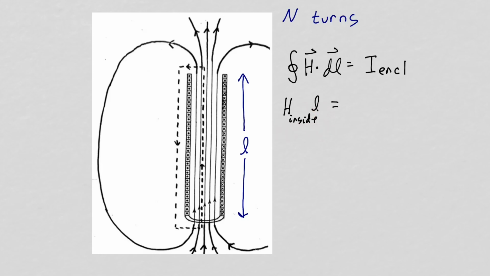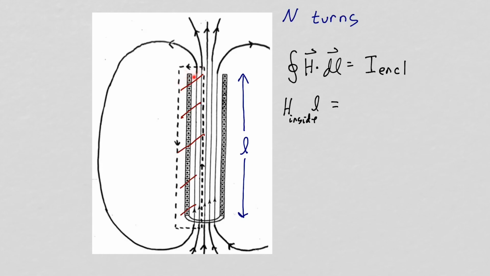Now we have to determine the current enclosed by our Amperian loop. So putting the fingers of your right hand in the direction of our Amperian loop integration, your right thumb points out of the page. So we want to know the current coming out through the surface of the page through this area.